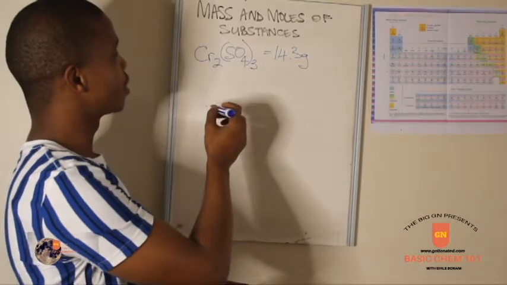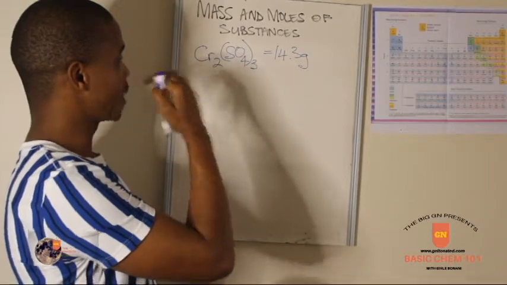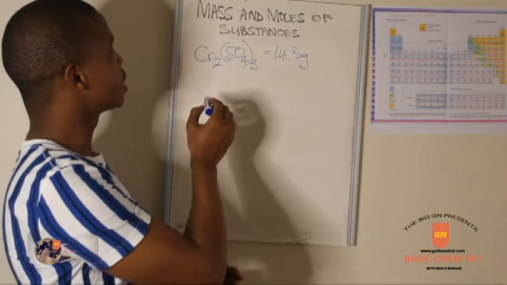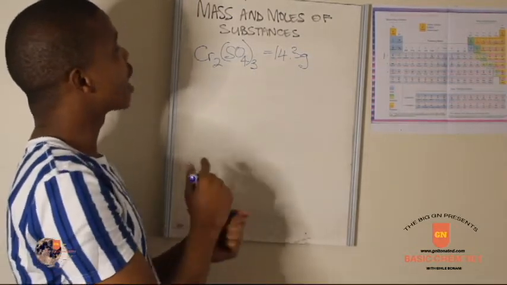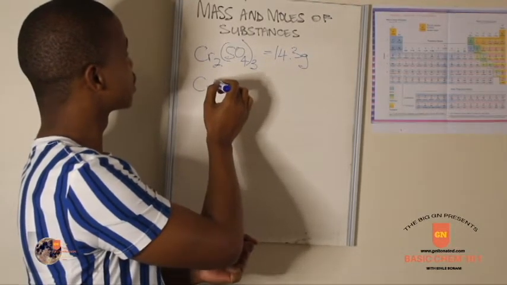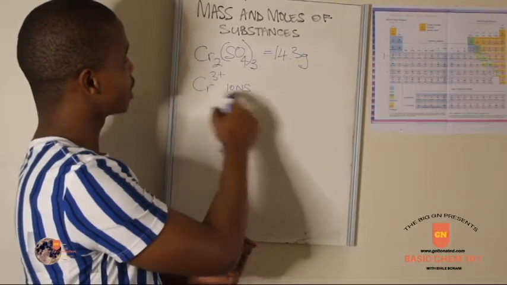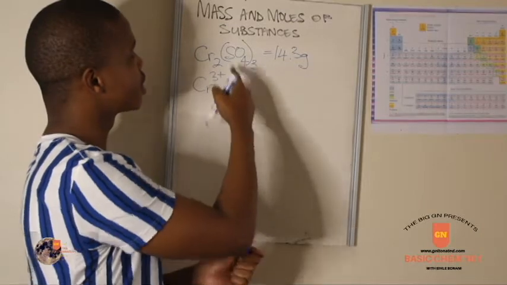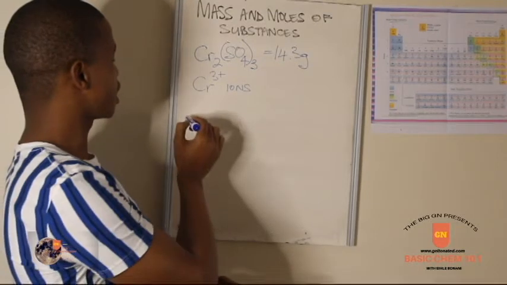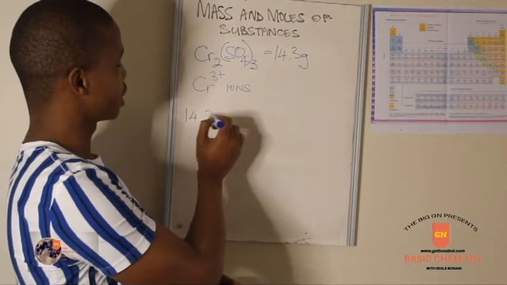They can ask you for the number of formula units, which is like the previous example that we did, or they can ask you for the number of ions, for example chromium 3+ ions. We can follow the same procedure from here, and say this is 14.3 grams.